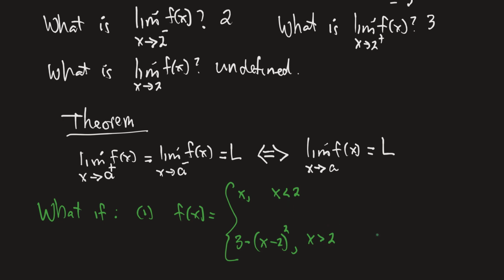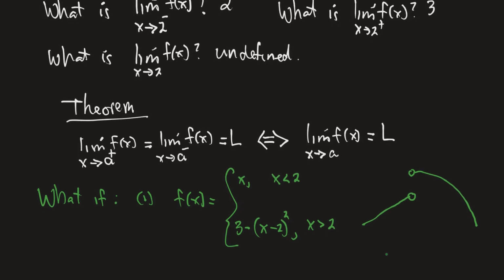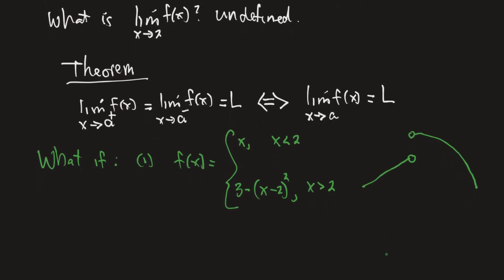So the graph would look like this. You would have open circles at both ends like this, right? And what we would say is, so let's go through the different possibilities here. So I could say that f of 2, now there is no y value that corresponds to x equals 2.